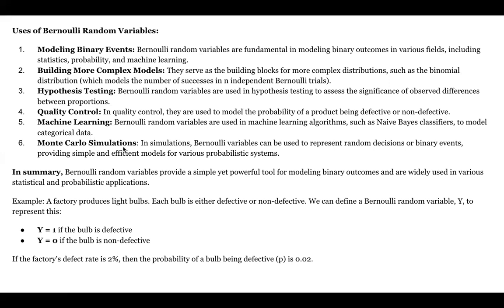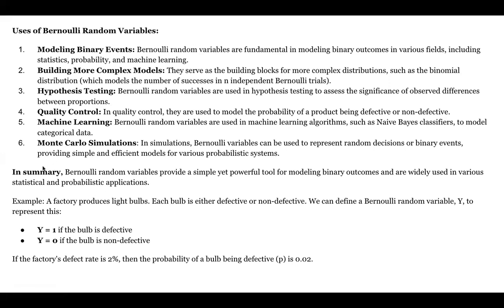In Monte Carlo simulations, Bernoulli variables can be used to represent random decisions or binary events, providing simple and effective models for various probabilistic systems. So wherever you are studying probability or trying to prove a hypothesis, wherever the outcome can have only two possible values, there you could use Bernoulli random variables.